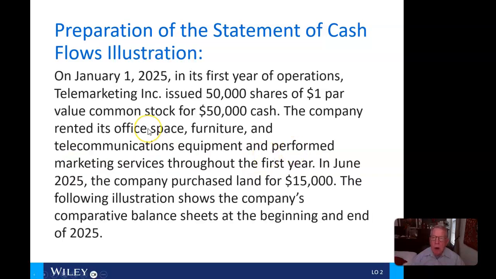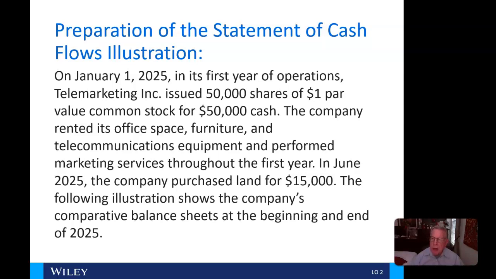So here, to illustrate this, on January 1, 2025, in its first year of operations, Telemarketing Incorporated issues 50,000 shares of $1 par value common stock for $50,000 cash. The company rented its office space, furniture, and telecommunications equipment and performed marketing services throughout the first year.